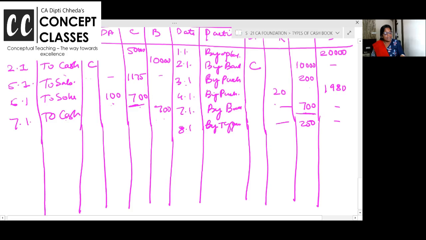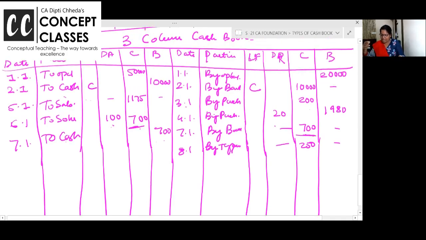9th of January, bank notifies that Soham's check has been dishonored and debited to account, and in respect of that 10 rupees charges also. Soham's check is dishonored. The check which we have deposited, Soham's check is dishonored now. When we deposited in the bank account, we debited the bank.